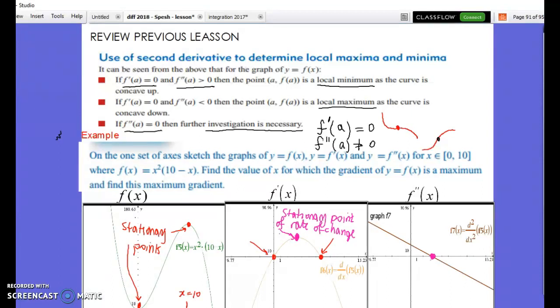Okay, so it says find the value of x for which the gradient is a maximum. So where do we see where the gradient is going to be a maximum? Over here, we've recognized the point in the middle between the two stationary points is our max gradient.